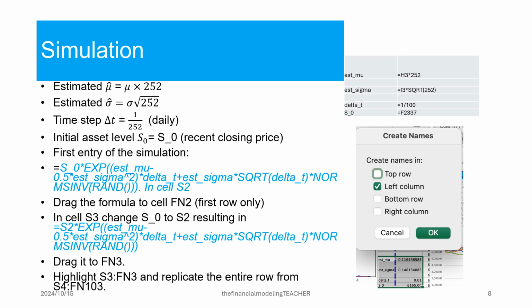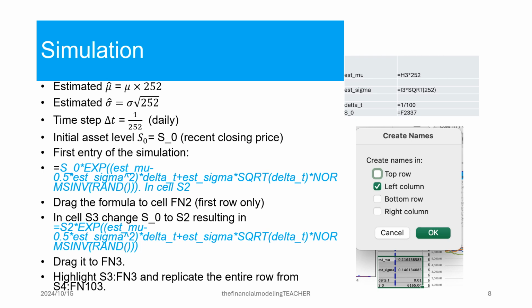Then we have a delta t equal to 1 over 252 because we are talking about daily data here. As a result, we divide by 252. Then we have an initial level, S0. This S0 will be looking at our data of, let's say, the past 10, 15 years.